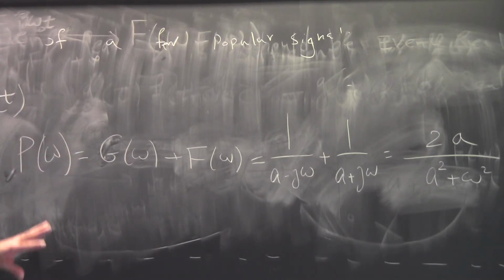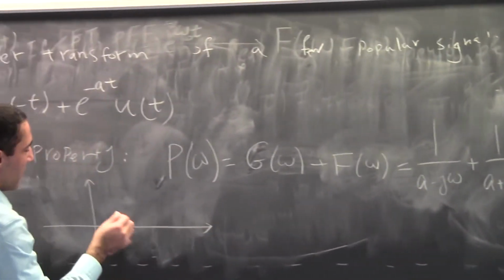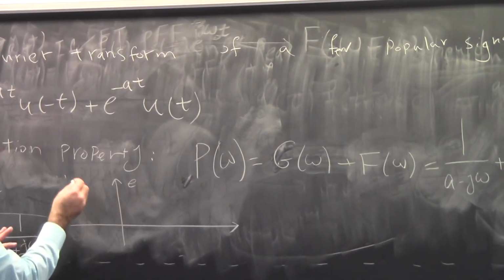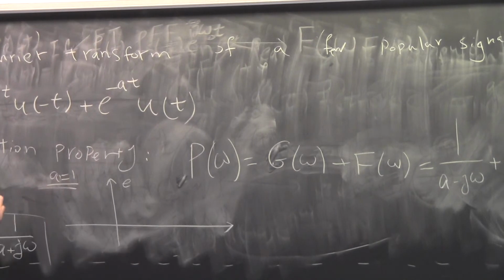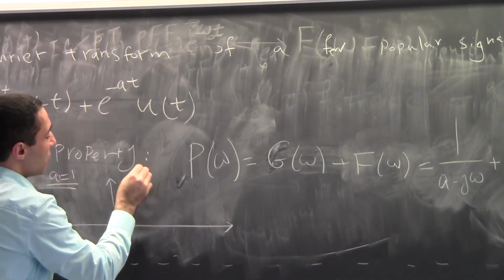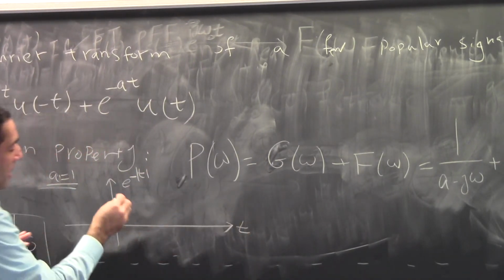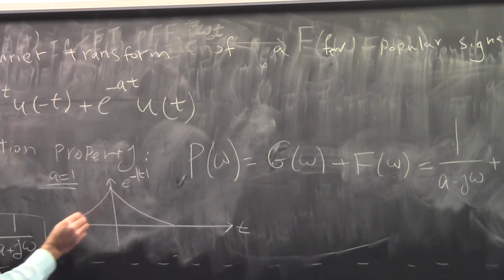Let's plot this one. It's interesting to see this one. I assume a is 1 just to do the plot. e to the minus absolute value of t. If I do this, this is the shape. Okay.